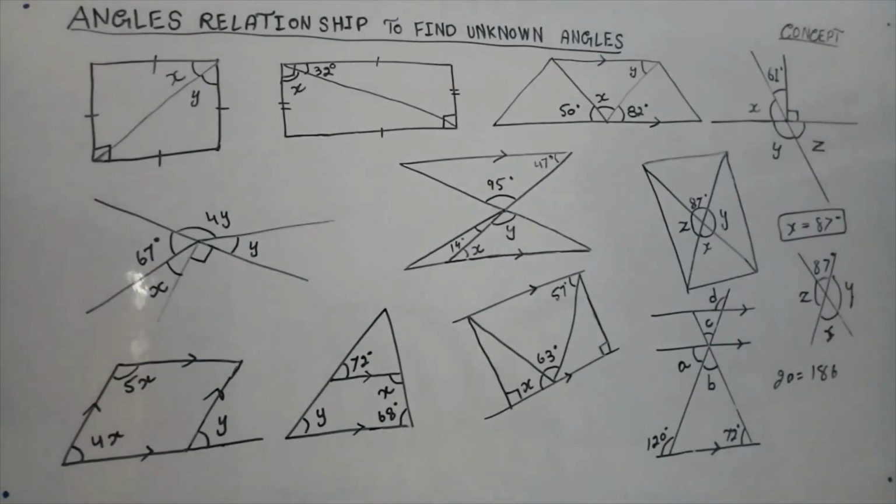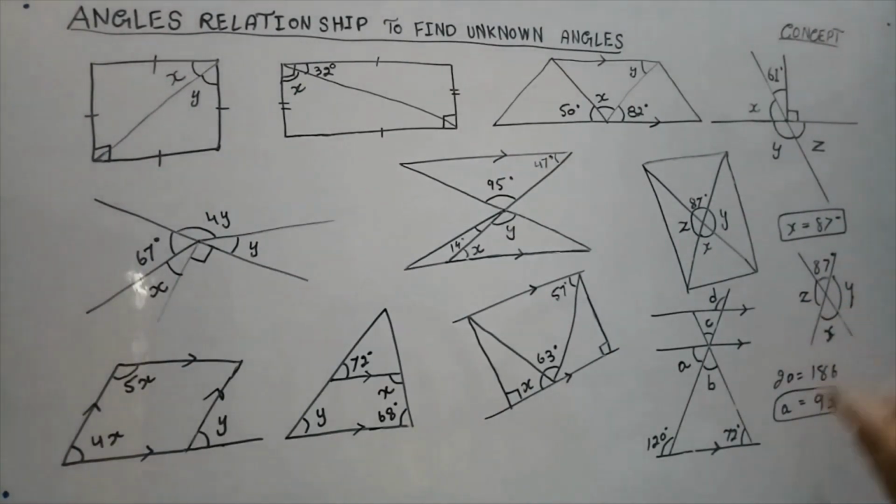And now if I divide both sides by 2, here we are left with only a, and here we have 93 degrees. So here we have found the value of a, and it means y is equal to z, and these both are equal to a.